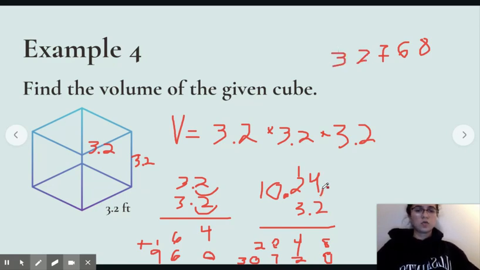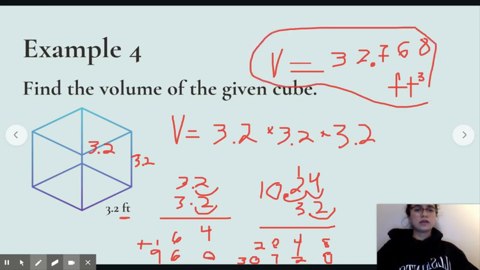Okay, I have 1, 2, and 3 decimal places to move. So 1, 2, 3 puts me right here. 32.768, and that is going to be cubic feet this time. Again, I'm getting that feet from the problem itself. So volume equals 32.768 cubic feet. Okay, sorry for my extremely ugly multiplication, but hopefully we're getting the same answers.